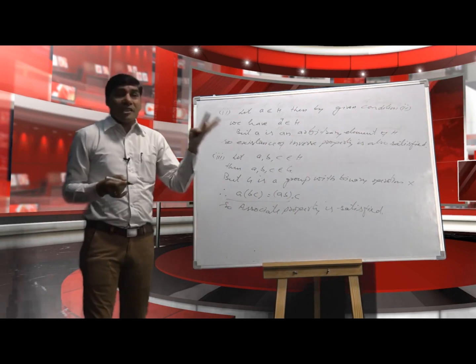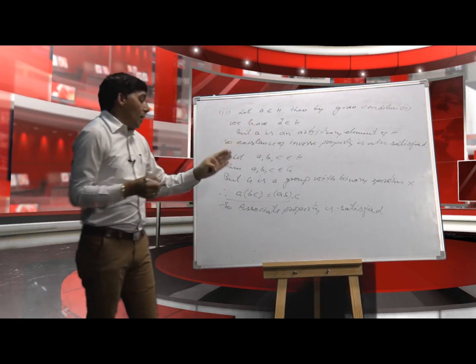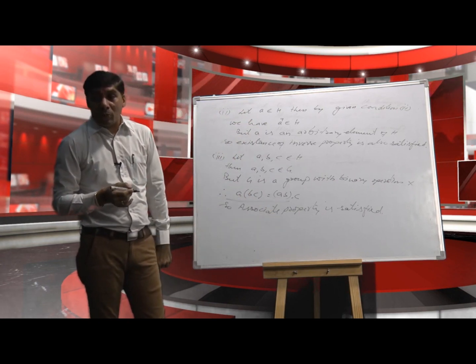We proved the existence of identity property, the existence of inverse property, and the associative property. So there is only one remaining property, the closure property.